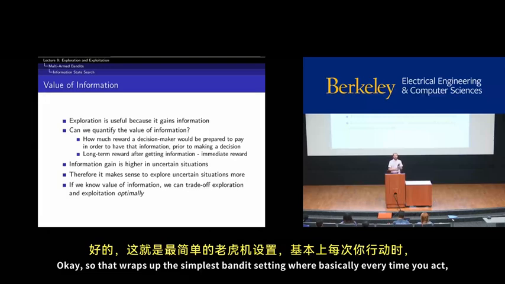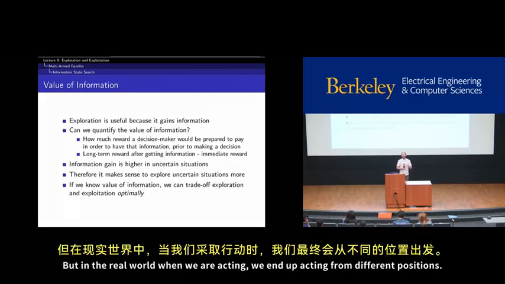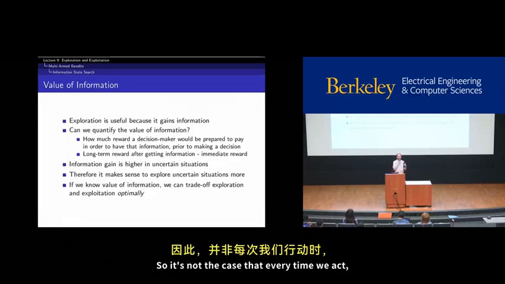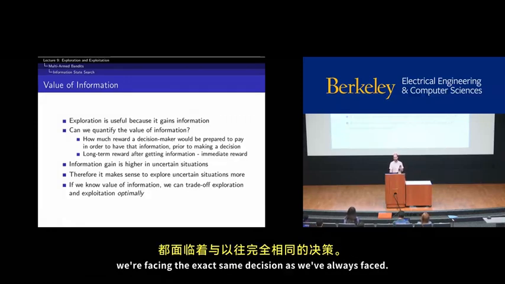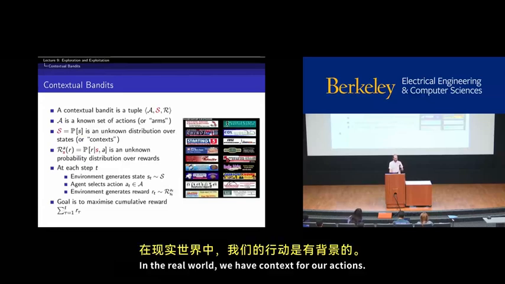Okay, so that wraps up the simplest bandit setting, where basically every time you act, you're in exactly the same spot. But in the real world, when we are acting, we end up acting from different positions. So it's not the case that every time we act, we're facing the exact same decision as we've always faced. In the real world, we have context for our actions.